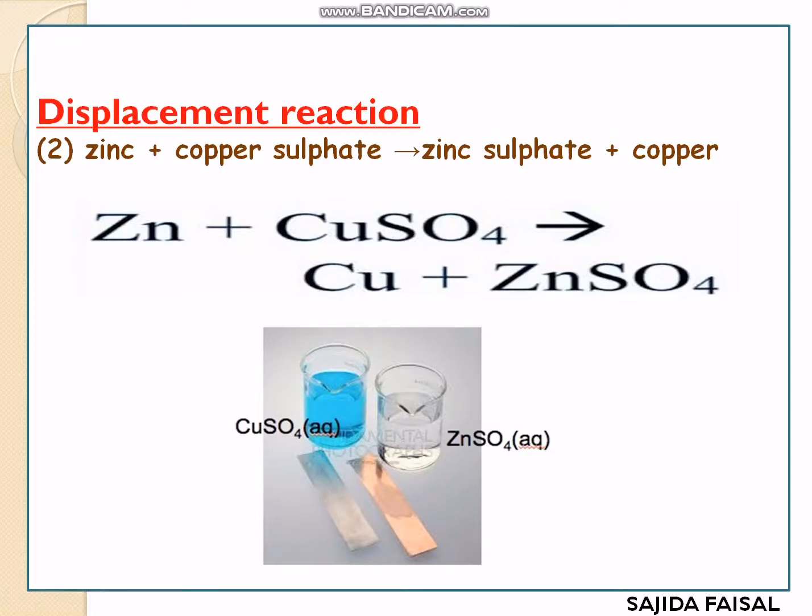The zinc forms a zinc sulfate solution. The colorless solution will be forming, and the zinc piece changes into copper. This is the displacement reaction.